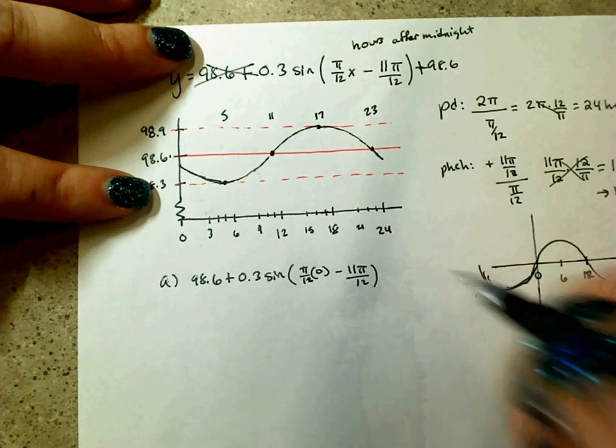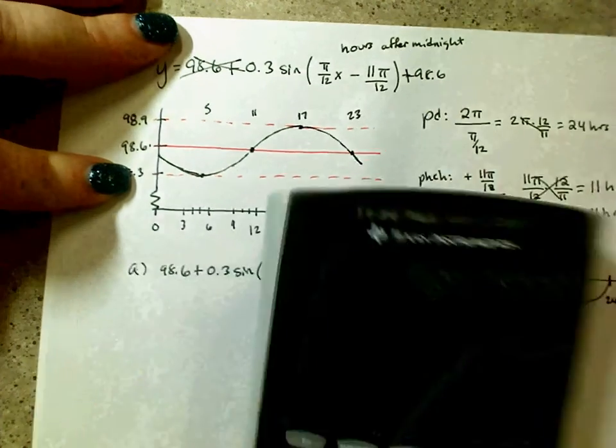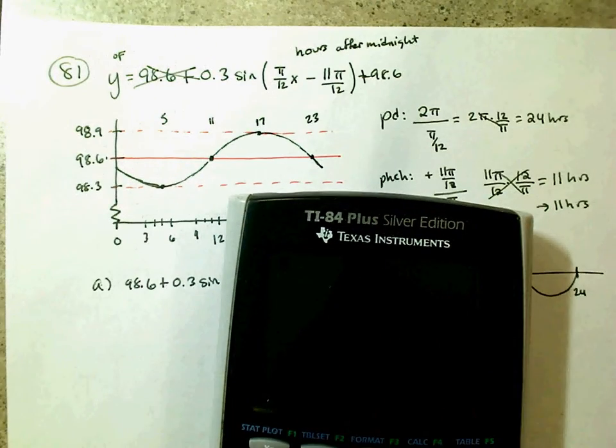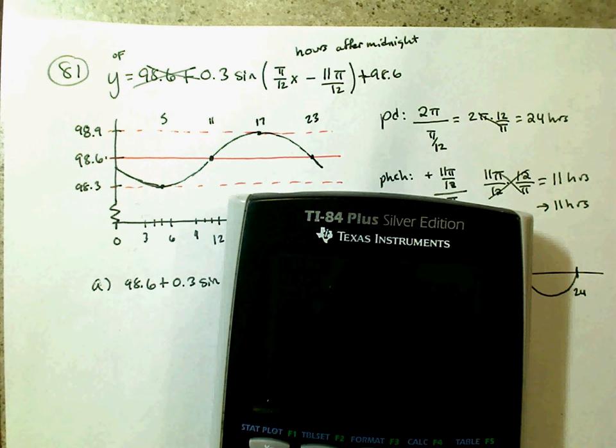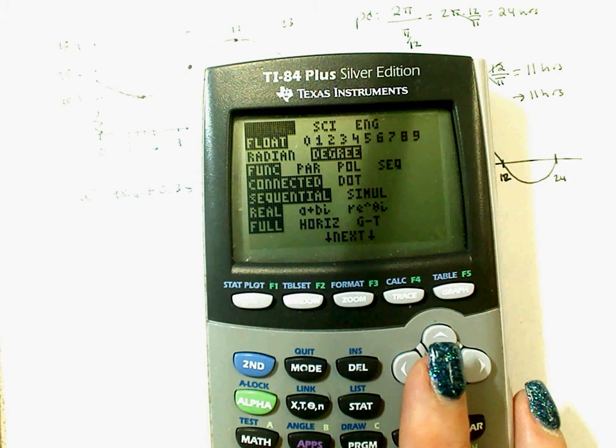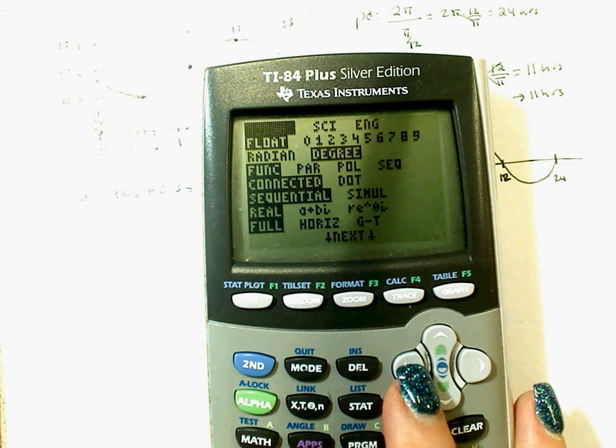We do want to make sure that we are in this case, degrees. It said, oh no, I need to be in radians because of the pies.